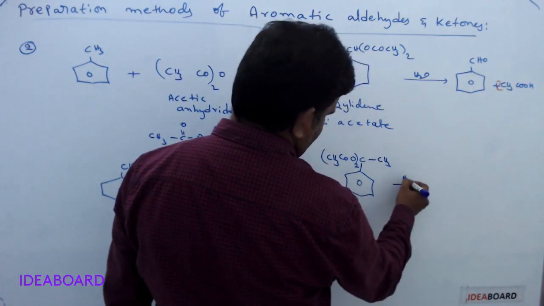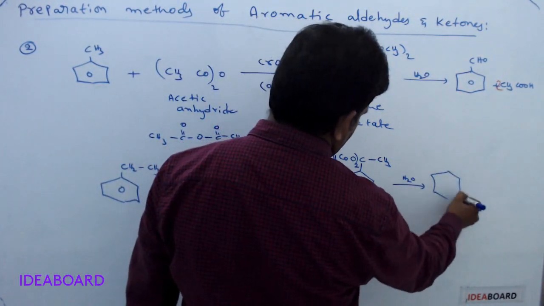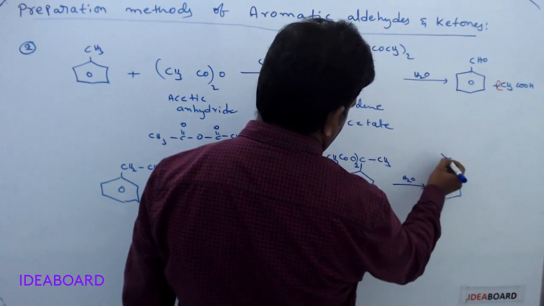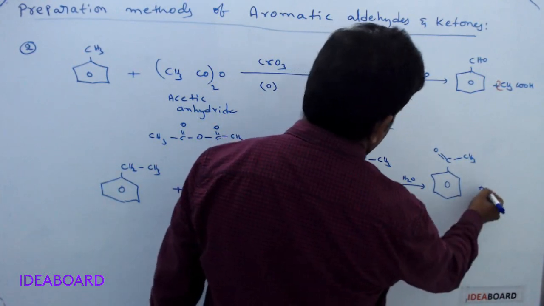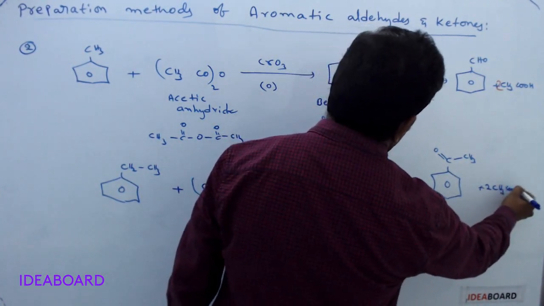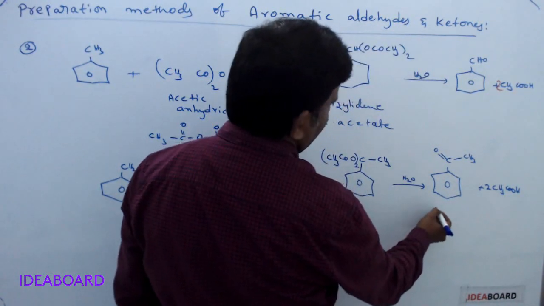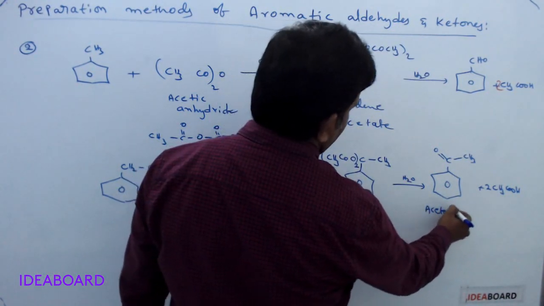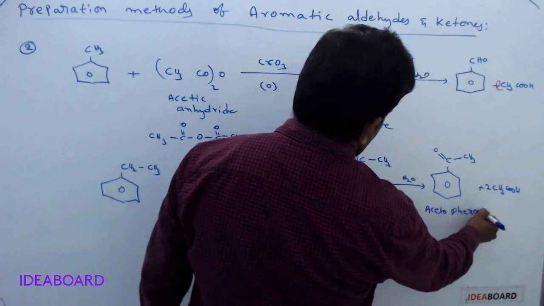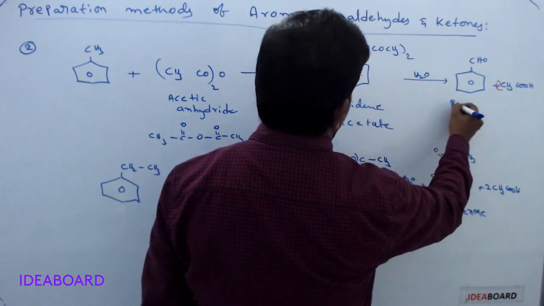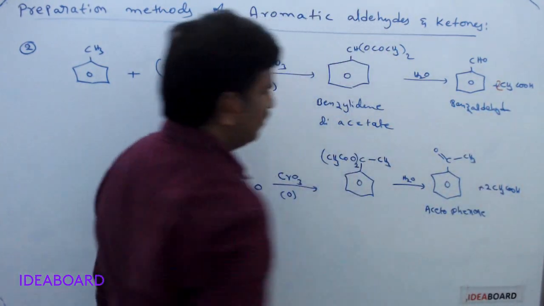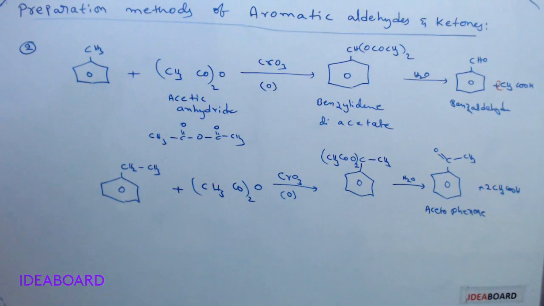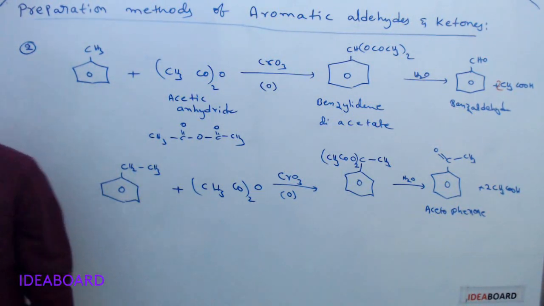This is followed by hydrolysis, which forms a ketone plus two molecules of acetic acid. Here we get acetophenone, and the other one is benzaldehyde. So by this method we can get both aldehyde and ketone, but by the Etard reaction we always get aldehydes only.